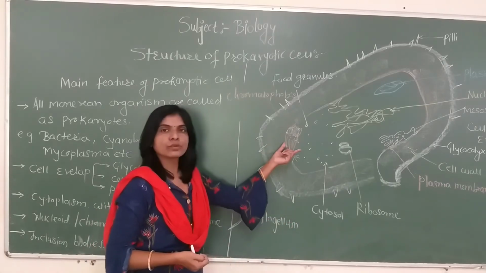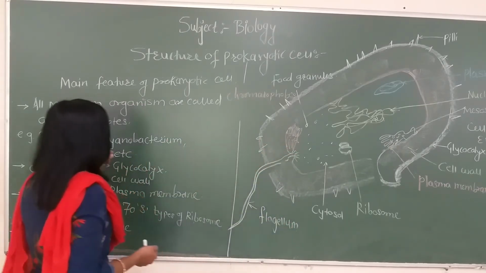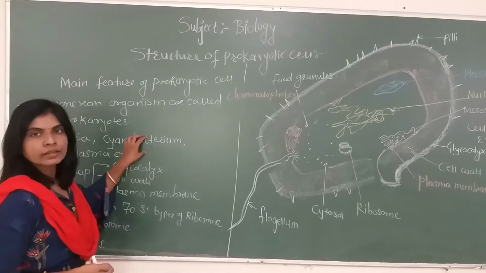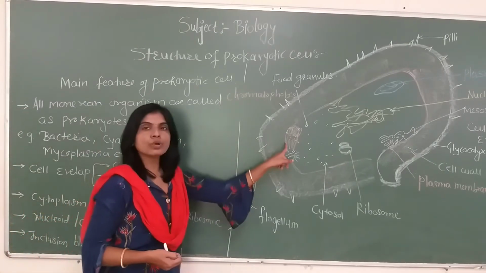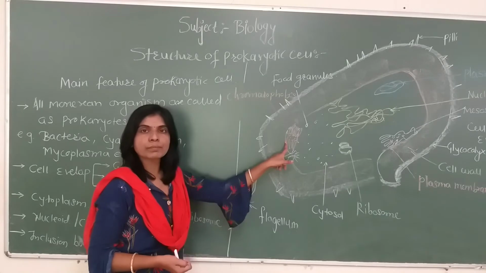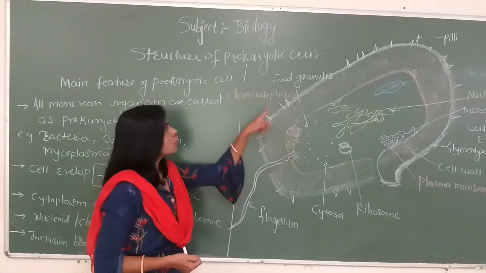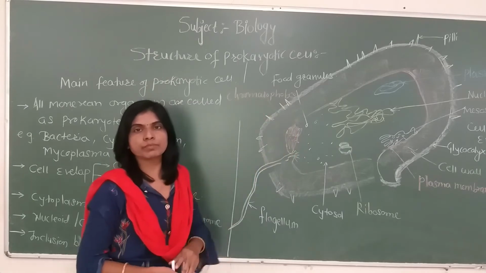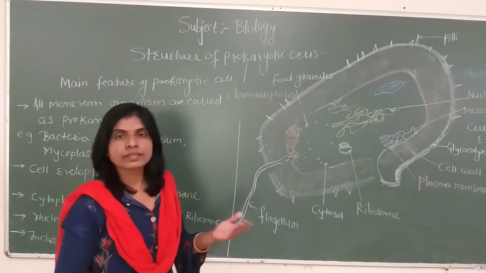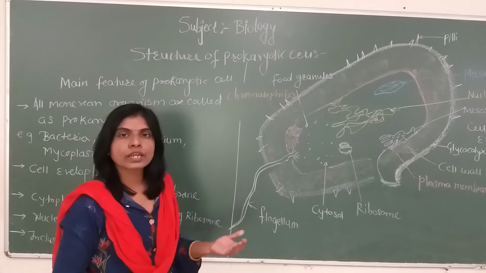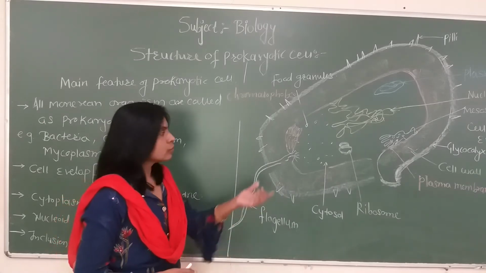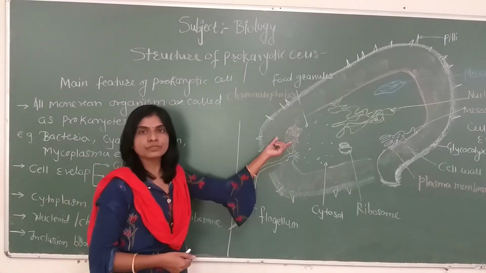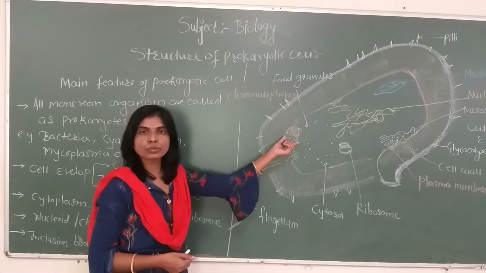Very few prokaryotes, for example cyanobacteria or blue-green algae, have infoldings and laminar structures of their plasma membrane called chromatophores. The chromatophores have photosynthetic pigment that traps the sunlight, and by utilizing inorganic substances like CO2 and water, with the help of sunlight, they synthesize food, or do the process of photosynthesis.